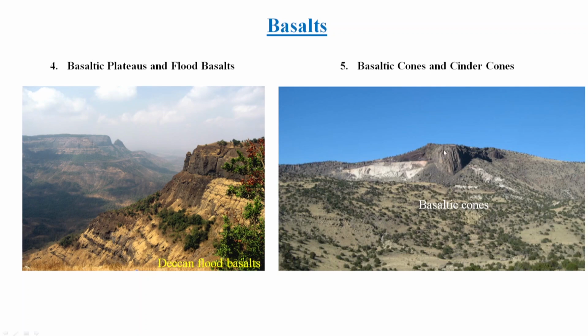You can have this cone kind of structure that you can also find in the continental regions, referred to as basaltic cones or cinder cones. So, out of many modes of occurrence, these are the common modes of occurrence of granite, andesite and basalts.